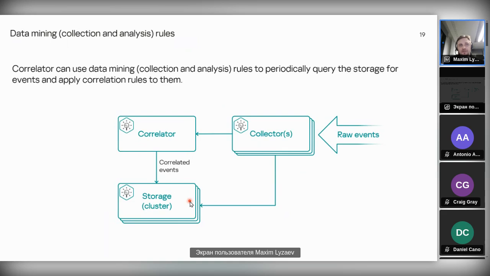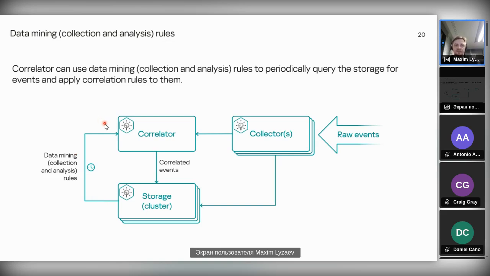With data mining, we have one more option. We can create a query which will run on a periodic basis against the storage and will take some information from that storage and send this information as events to the correlator.